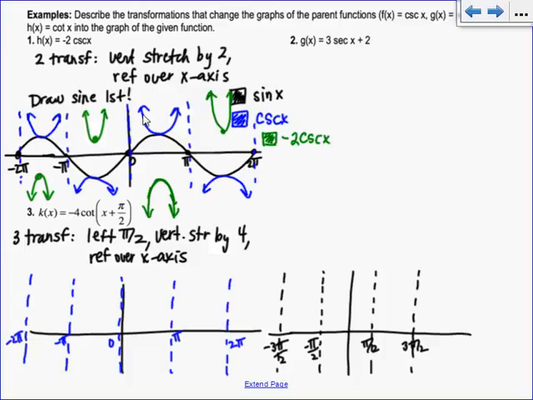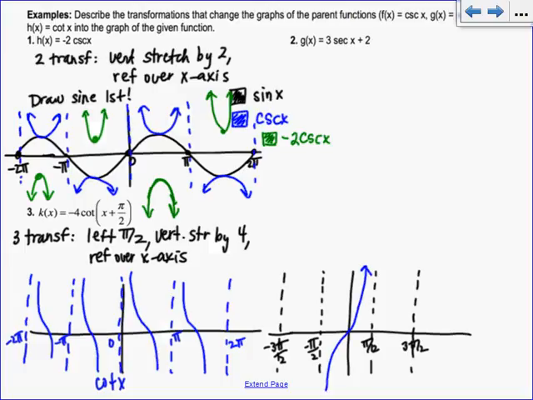Now, cotangent usually went down like this, right? This is what cotangent looks like usually. So what's different? We already did the last thing. What about our vertical stretch by 4? So we're going to make it skinnier. It's hard to draw a vertical stretch when you have the cubic shapes, but we're going to stretch it out a little bit. But it's also going to reflect over the x-axis. So what happens? It looks like tangent.